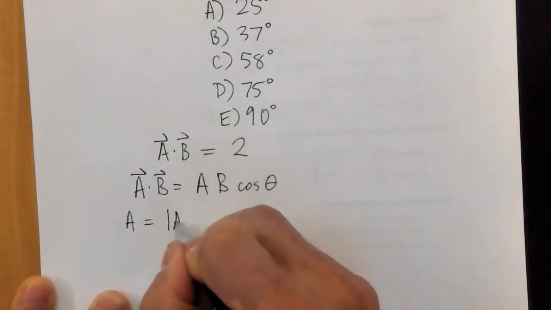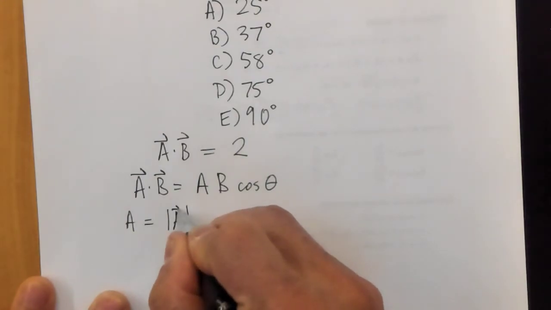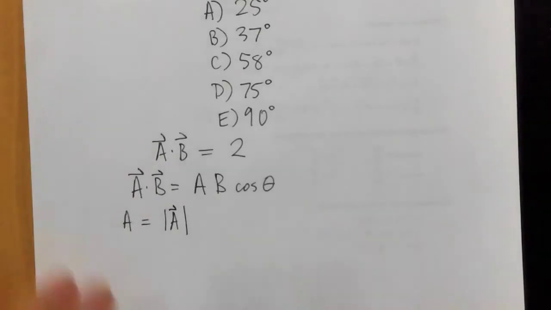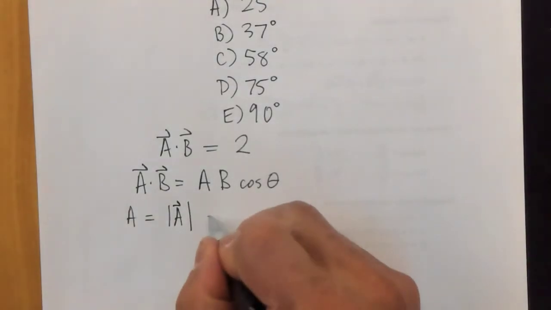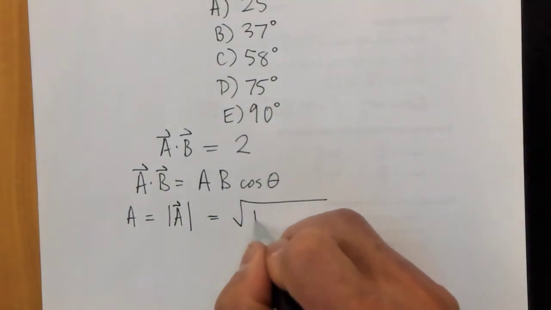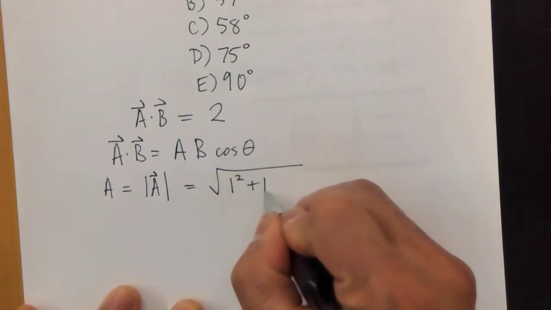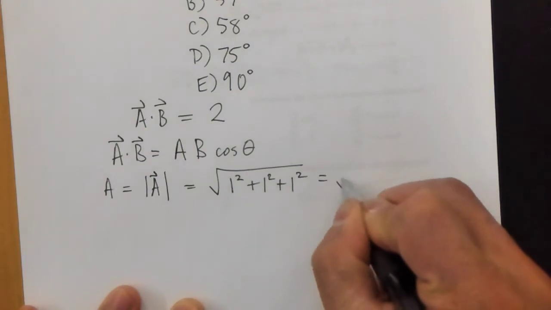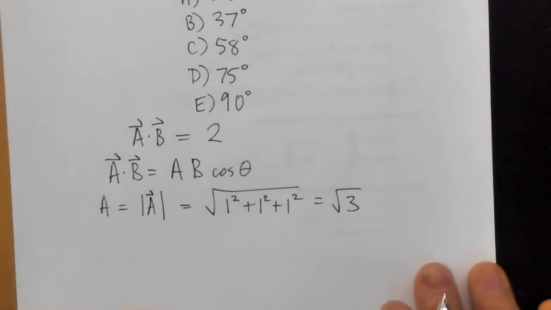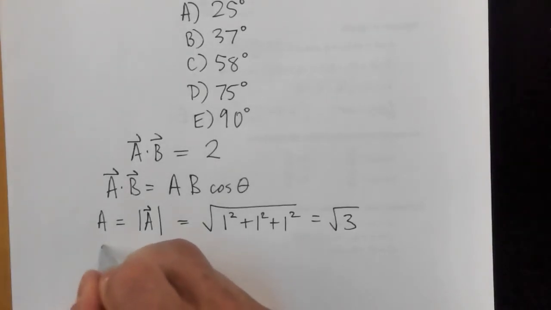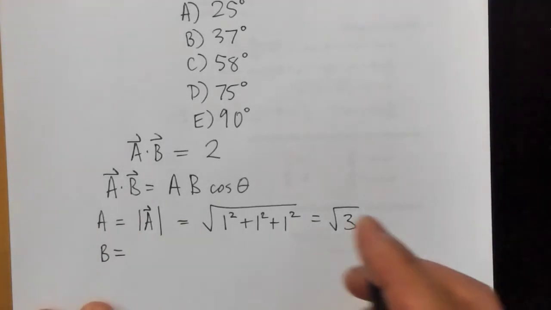This is the more descriptive symbol for the magnitude of the vector. That is the square root of the sum of the squares: 1 squared plus 1 squared plus 1 squared. So that comes out to the square root of 3, or 1.73 if you want.